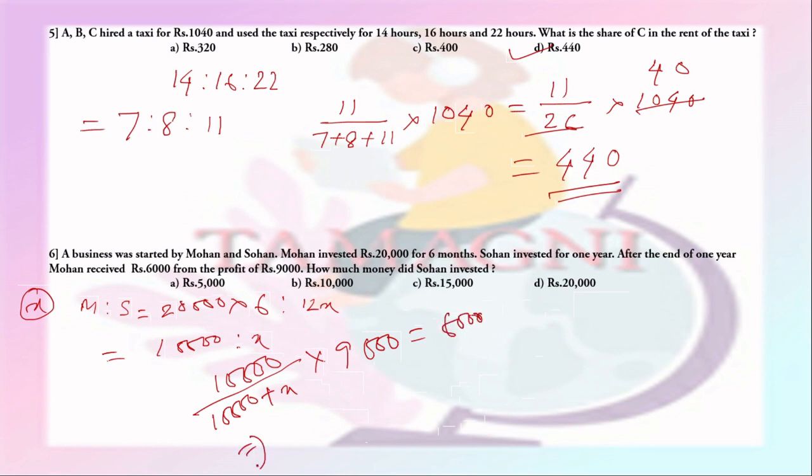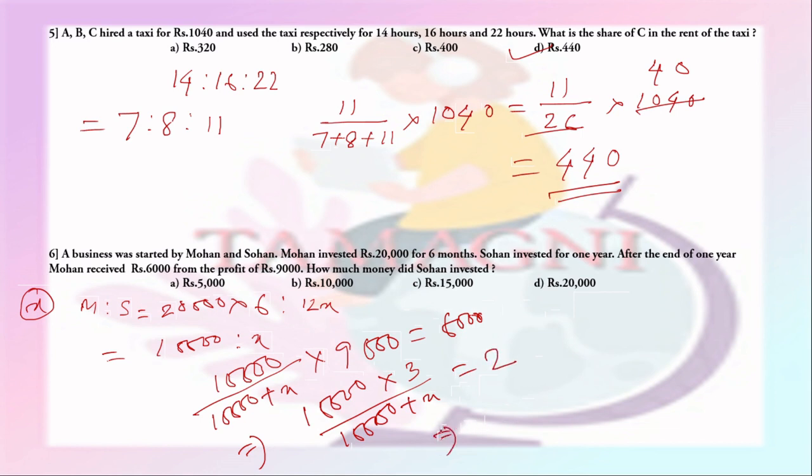which gives, on dividing by 3,000 on both sides, we get 10,000 into 3 by (10,000 plus x) equal to 2.